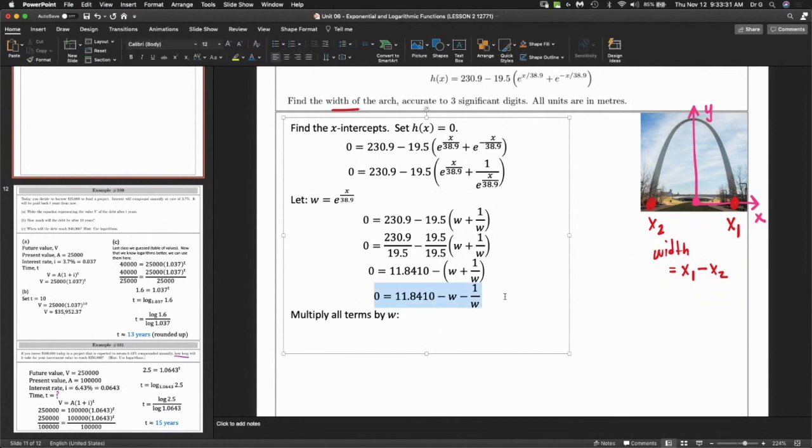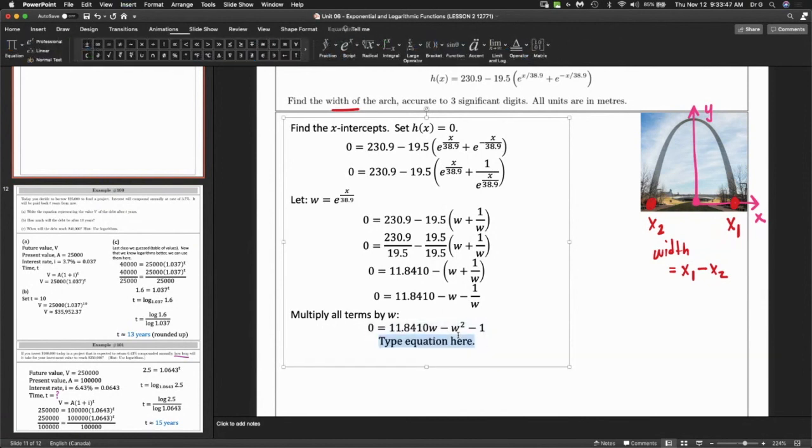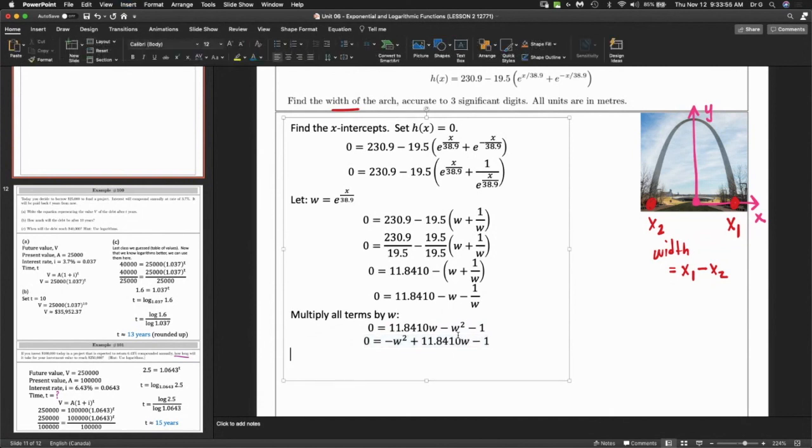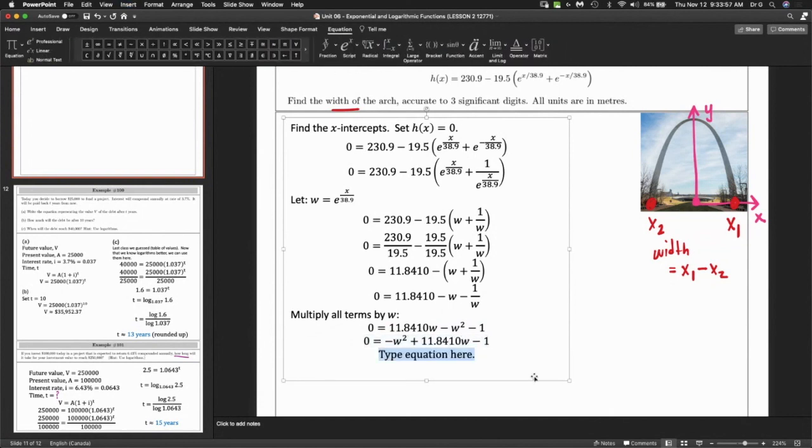I'm not sure why it's not centered. Let's center it up here. There we go. This step is optional, but I am going to multiply everybody by -1.